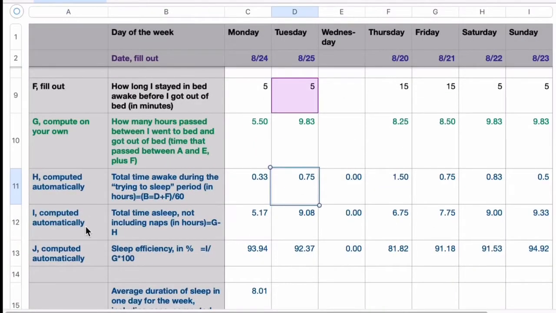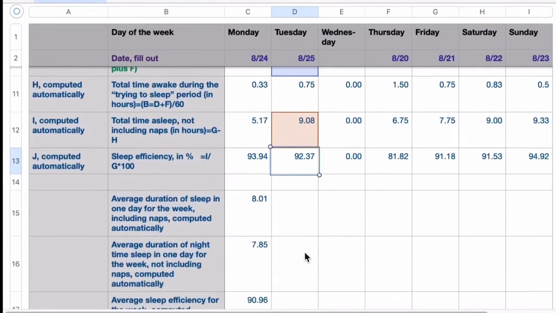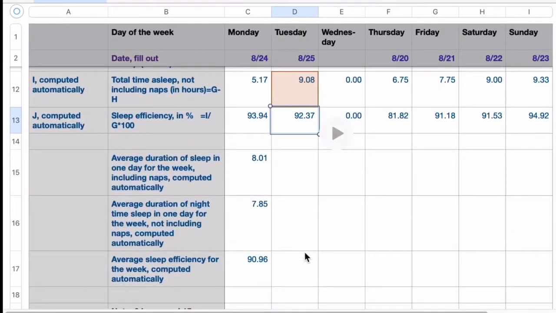So I stayed awake 0.75 hours. My total time asleep was 9.08 hours, and my sleep efficiency was 92.37%. This is actually very good sleep efficiency, and the last 3 numbers were computed in the file automatically. If you notice, I didn't have to do anything to compute these numbers. It's important that you do not alter those cells in Excel.